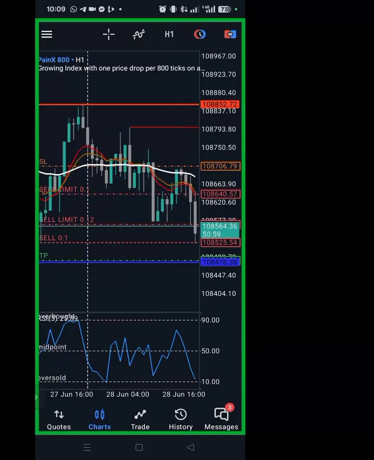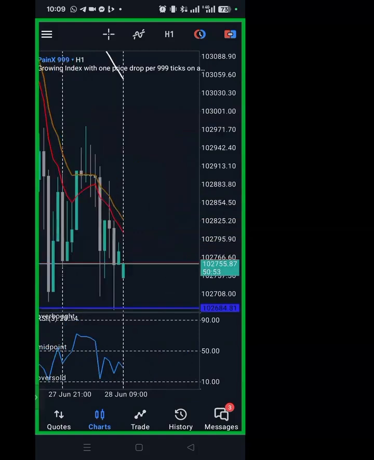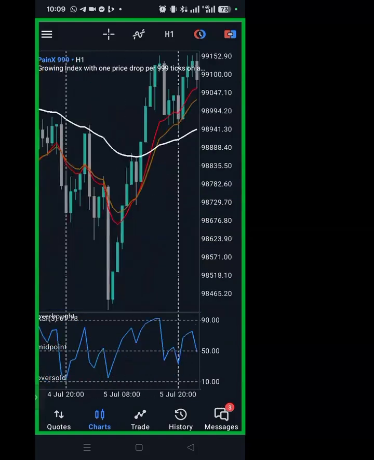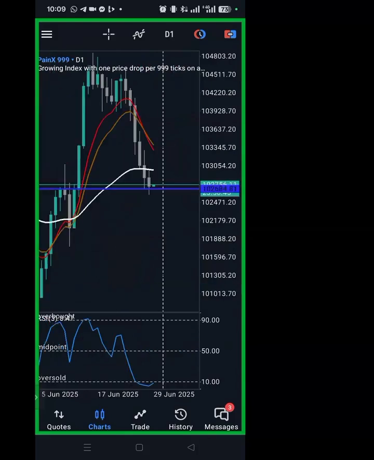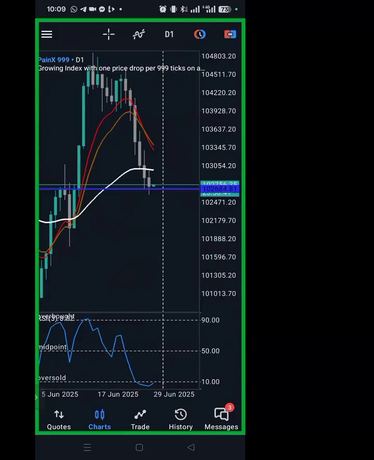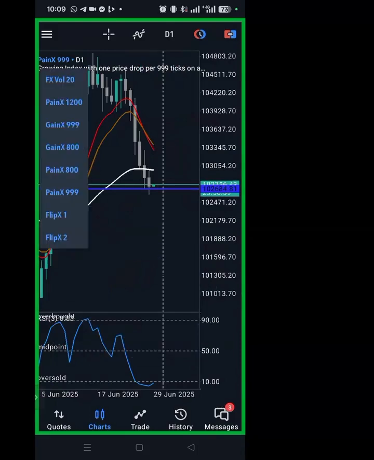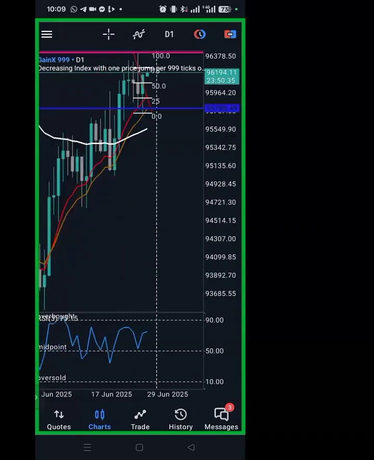Now, if this is for Pain X 800, let me go to another, Pain X 99. Well, you see, when I go on the daily, they are all coming down. I've not really studied whether this analysis works for synthetic, but for this one it's a bit different.